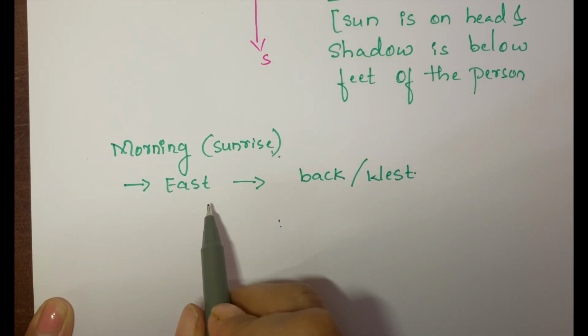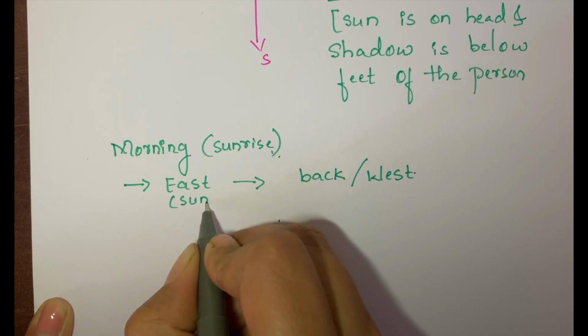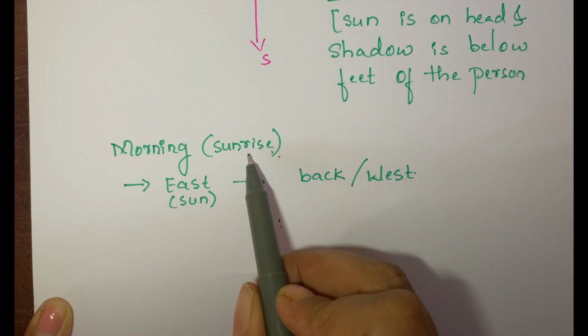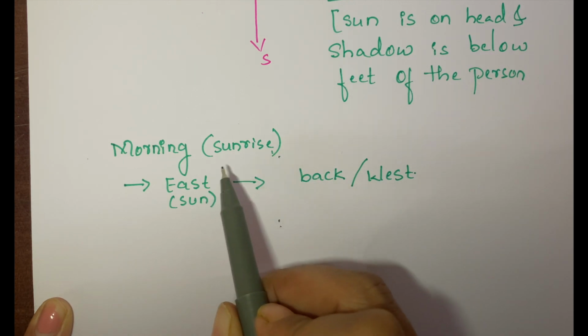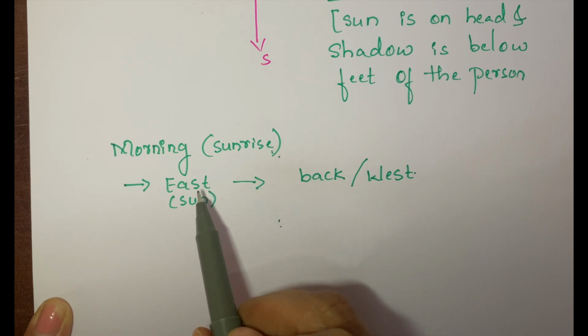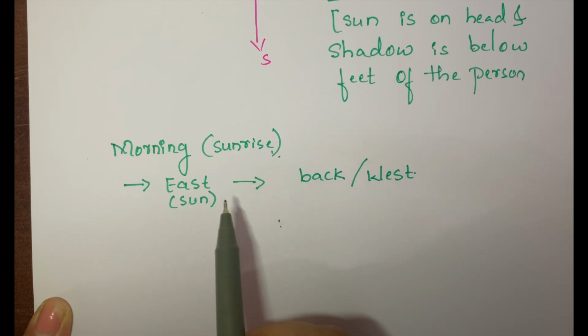They may also give it as sun and mention sunrise. If they mention sunrise and facing sun, then it is east. If they mention sunset and facing sun, that will be west.